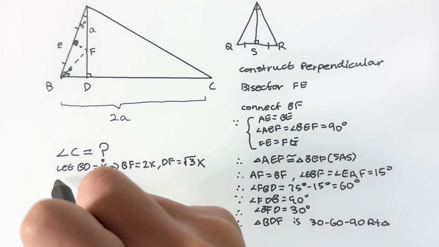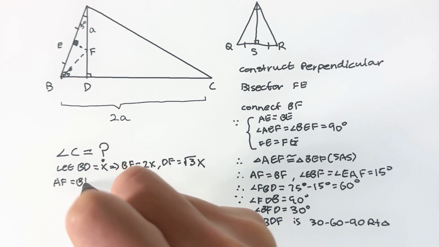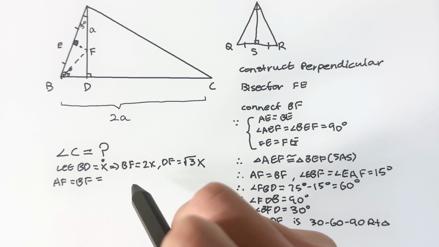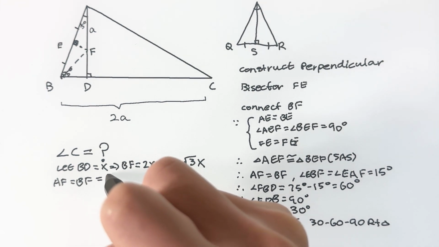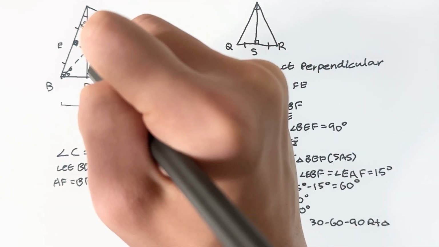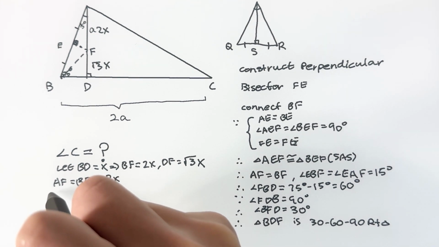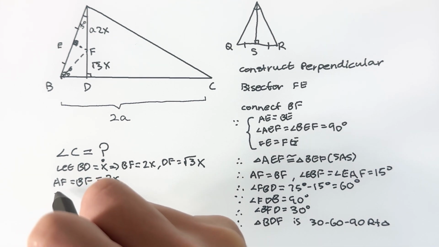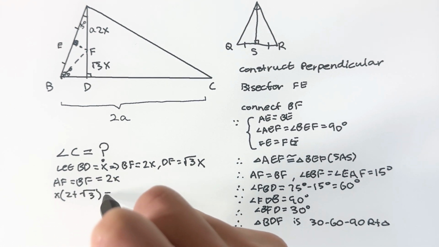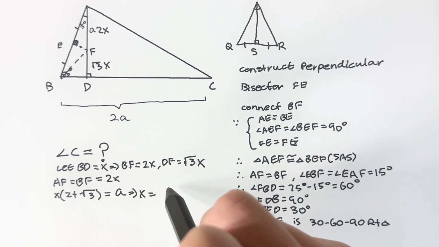And then AF equals BF by the isosceles triangle, and this will equal 2x. We know that AD equals a, so 2x plus square root 3 x equals a. You can factor out the x, so it'll be x times (2 plus square root 3) equals a. So x equals a over (2 plus square root 3).